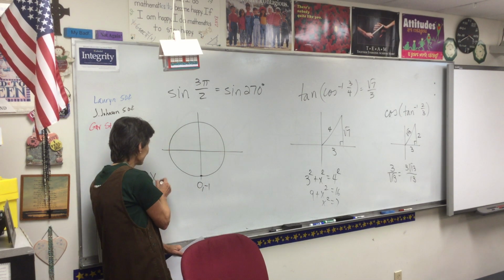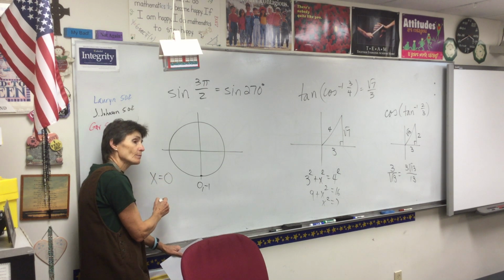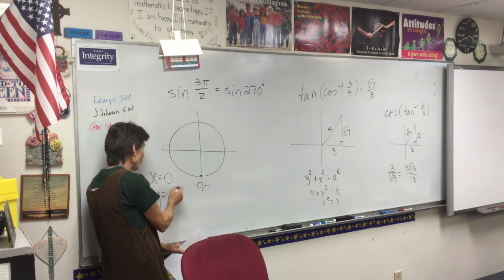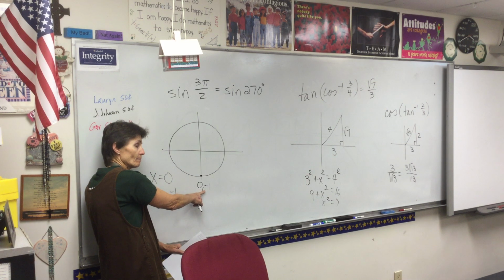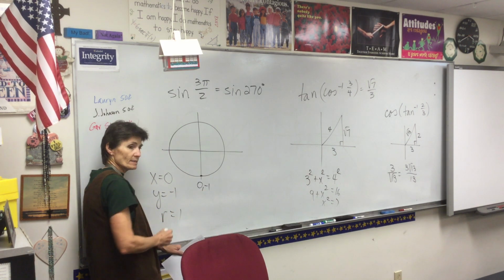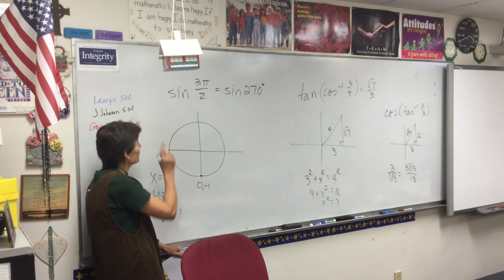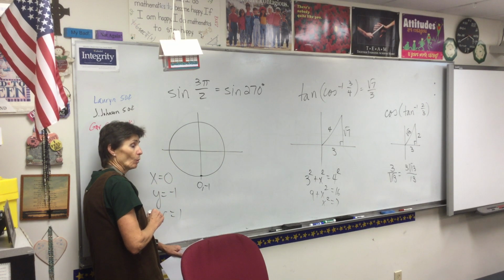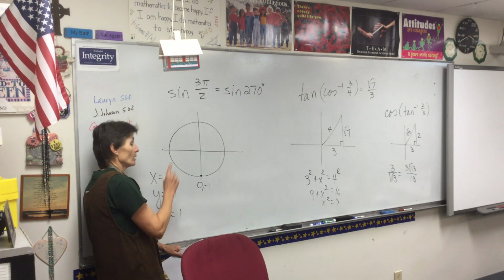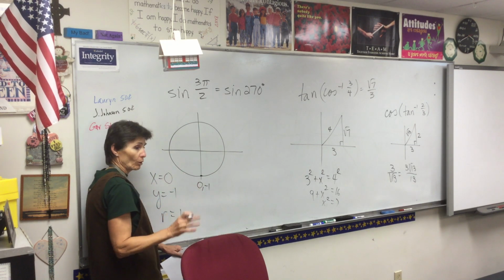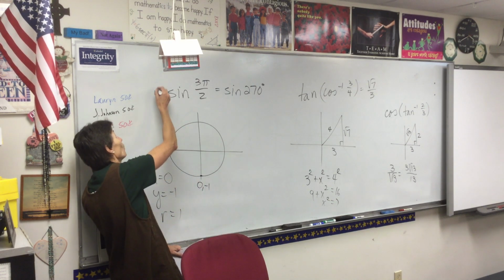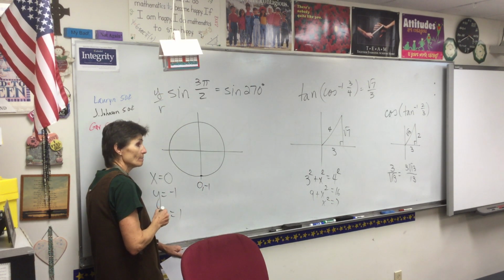So my x is 0, my y is -1, that's straight from the point, and my radius is always 1. Sine. What's sine? Well, opposite over hypotenuse, but that doesn't work if I don't have a triangle, so I have to do y over r.